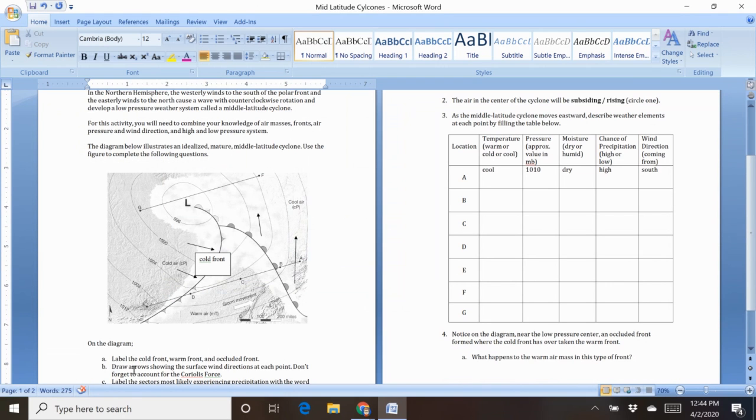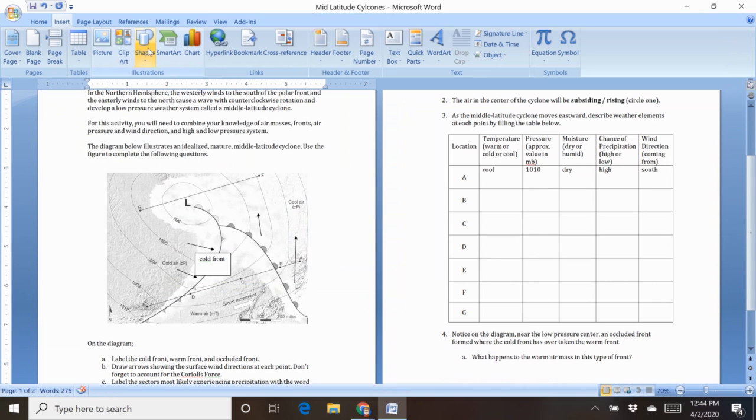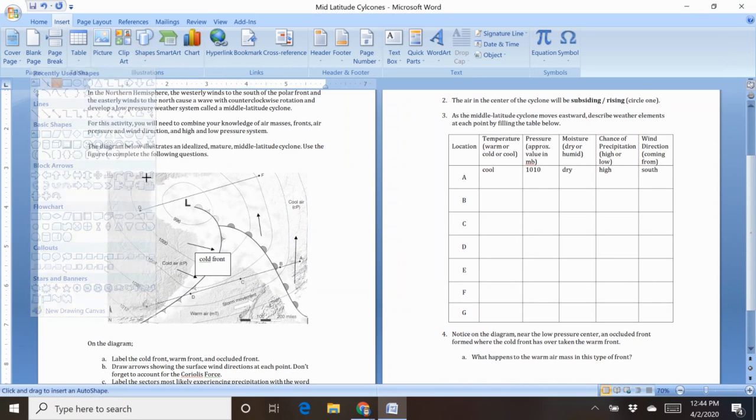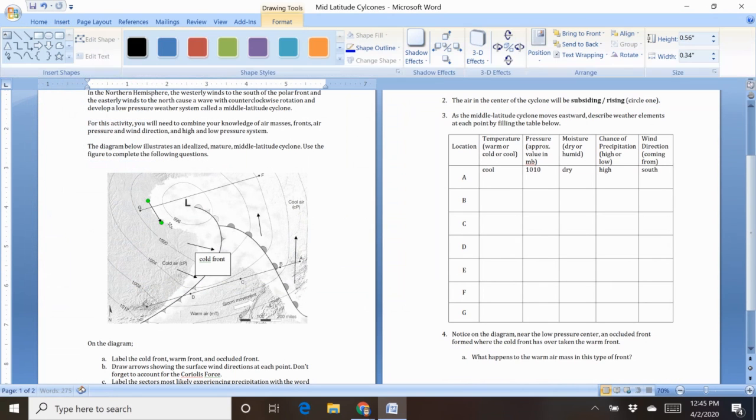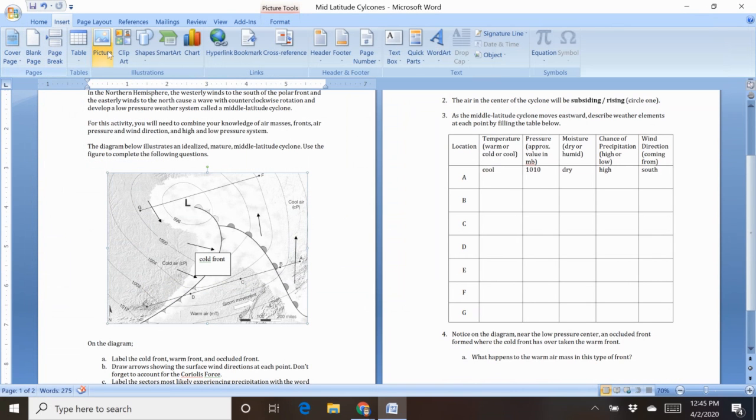Then part B is to draw the arrows showing the surface wind directions at each point. So what it's asking is to take the shapes and arrows, and because we know that wind circulates counterclockwise around a low pressure system, these arrows are going to be drawn in a counterclockwise motion, always parallel to the isobars, because that's the way wind blows around a low pressure system.